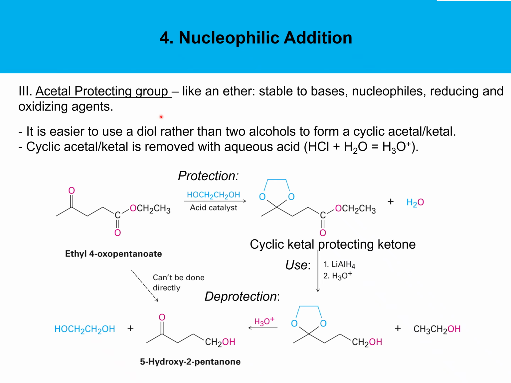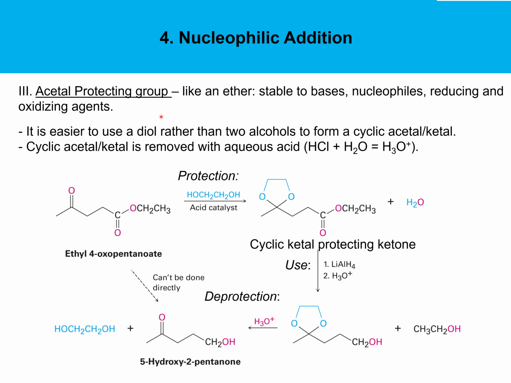Now, for protecting aldehydes and ketones, we generally will use a diol, although we don't have to. Diols make it easier to form a cyclic acetal or ketal. That usually is easier to do than just making an acetal out of two equivalents of an alcohol.